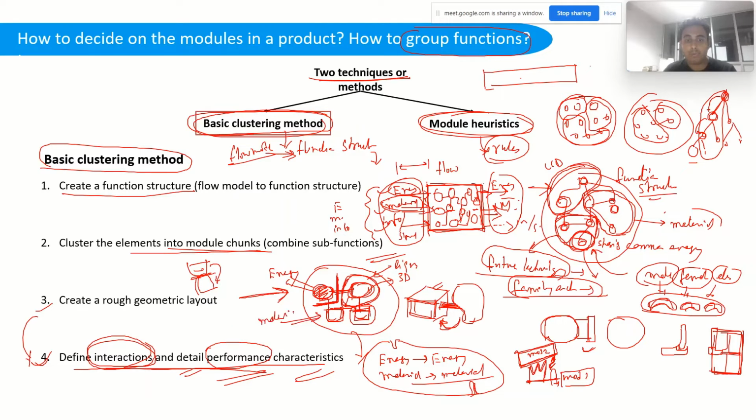Material also should not go between different modules. Depending on the ill effects that can be created in terms of energy, material, or information, you need to check how you can isolate individual modules. This is the process of the basic clustering method, how you can arrive at particular functional modules.